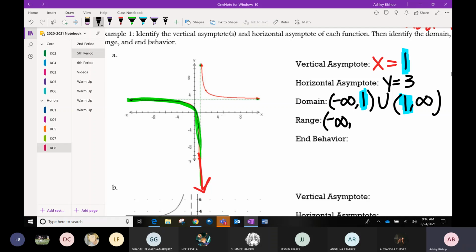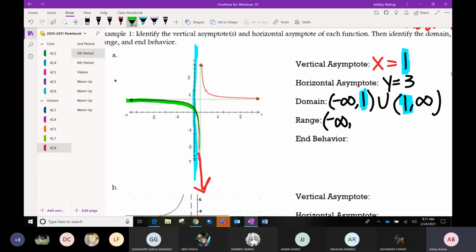And the highest point that this green highlighted graph goes to on my y-axis is going to be about here. And that's going to be where my horizontal asymptote happens. This graph does not go any higher.